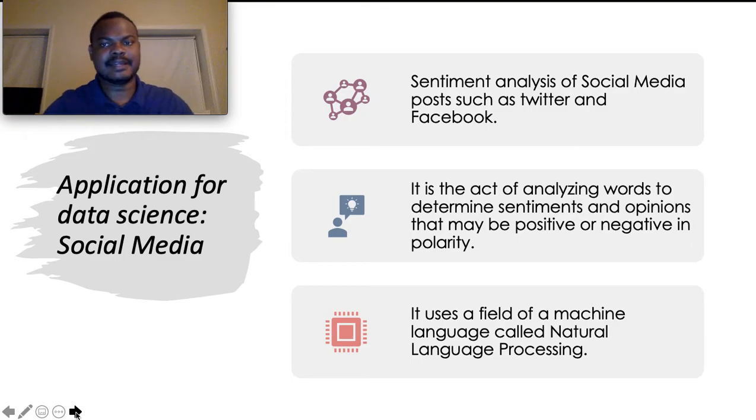It's a way of analyzing words within a sentence, within a post, within a tweet, to determine the emotions behind that sentence. Is it a positive sentence? Is it a negative sentence? And this field is a subfield of natural language processing, since we are dealing here with text data.